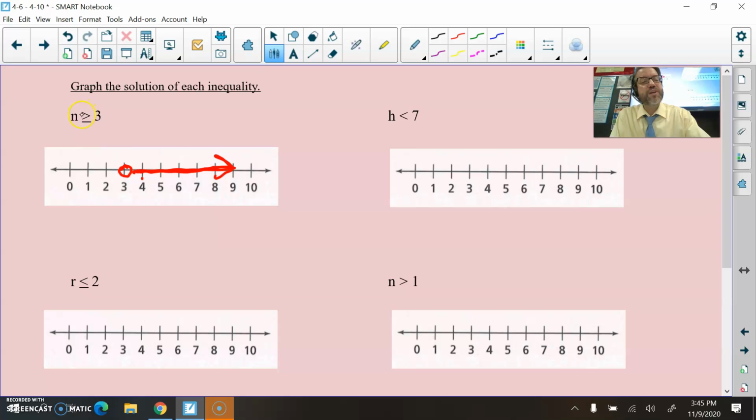But I'm also noticing n is equal to 3. Any ideas what I could do to show that 3 also is invited to the party? What could I possibly do to show that 3 is also a solution? Well, it's pretty simple. Instead of leaving this circle open, I'm going to fill it in and make it what's called a closed circle.